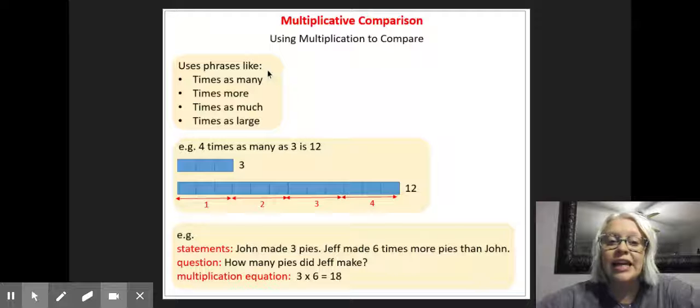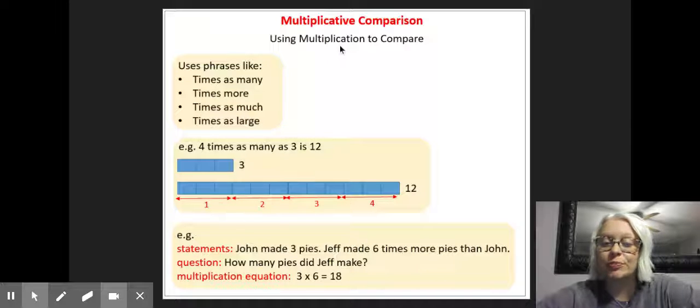So in word problems that require you to do multiplicative comparison, basically you're using multiplication to compare two values or two amounts. So in these problems, you might hear phrases like times as many.